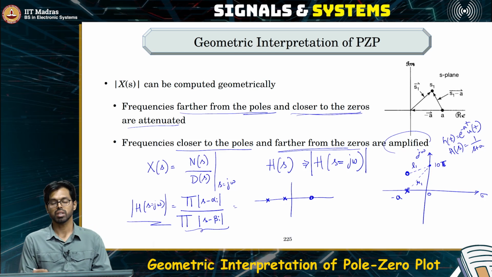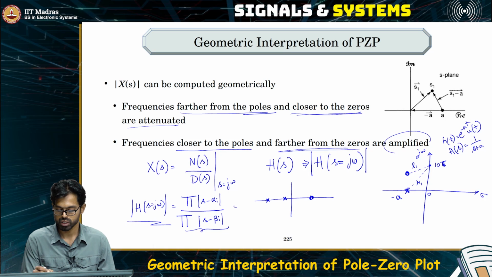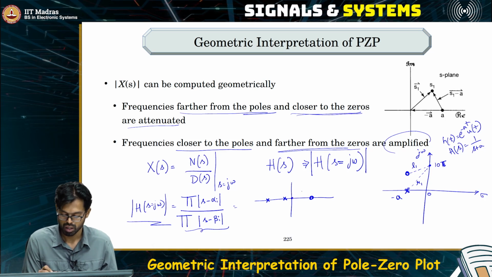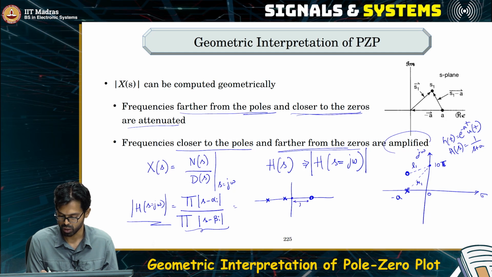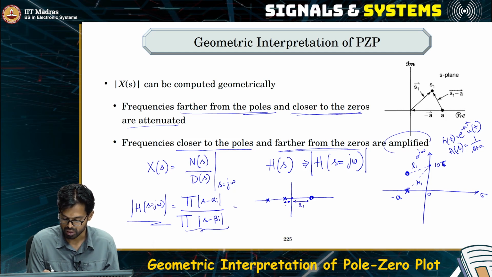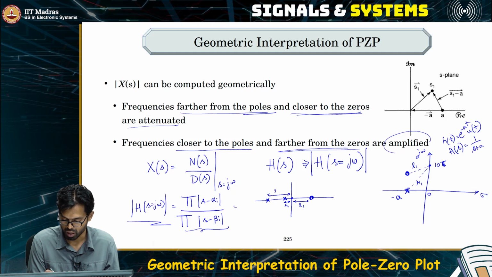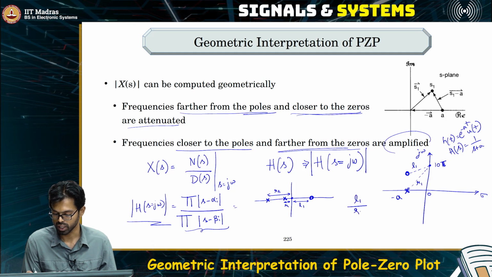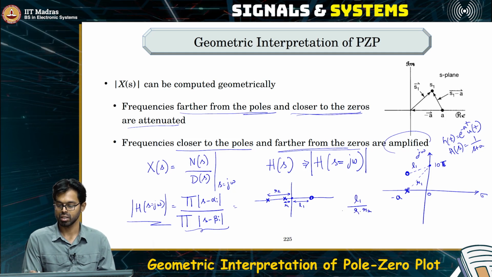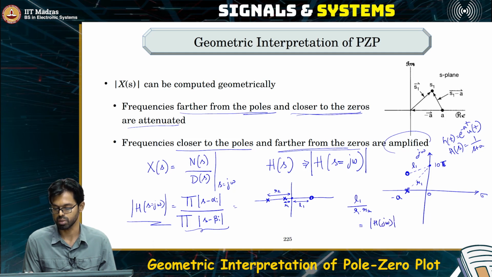and asks if it is a high pass filter or a low pass filter, all you have to do is check what this length is. Let us call this length L1, this length R1, and this length R2. Find L1 divided by R1 times R2. This is equal to the magnitude of the frequency response.